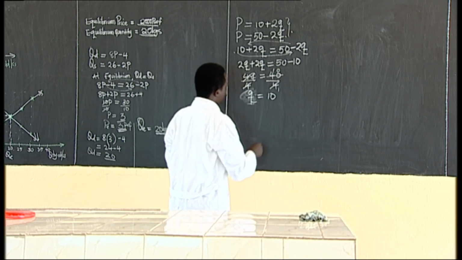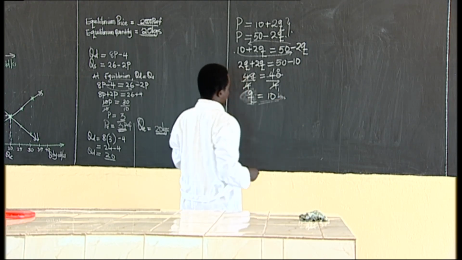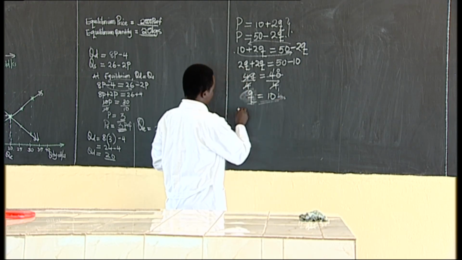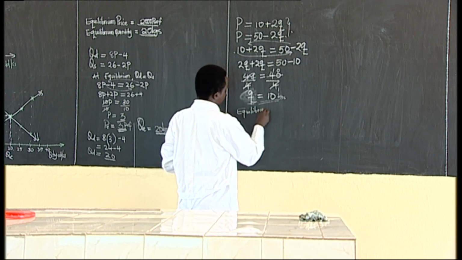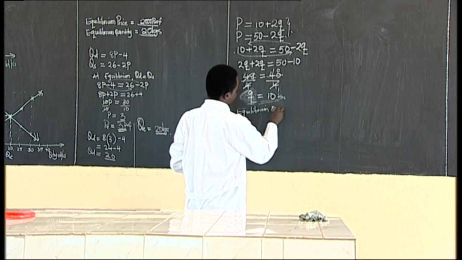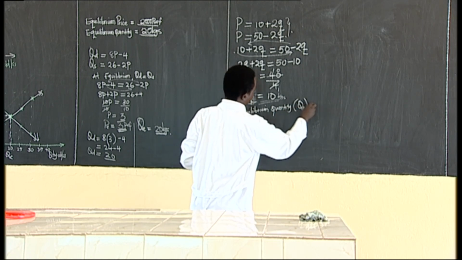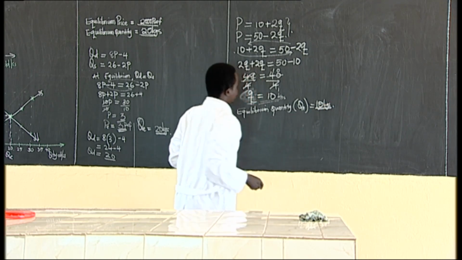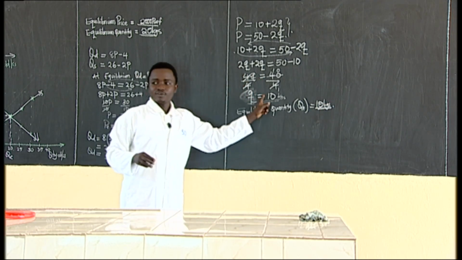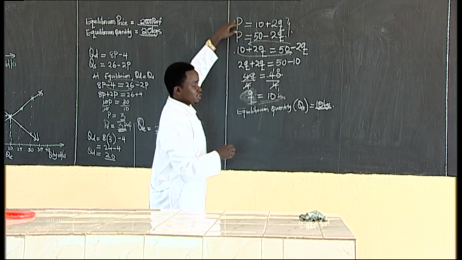So our equilibrium quantity, because that's our objective, is Q equal to 10 kilograms. Then you can substitute the value of Q in any of the equations to determine the equilibrium price.